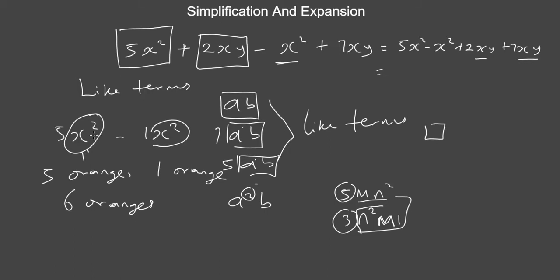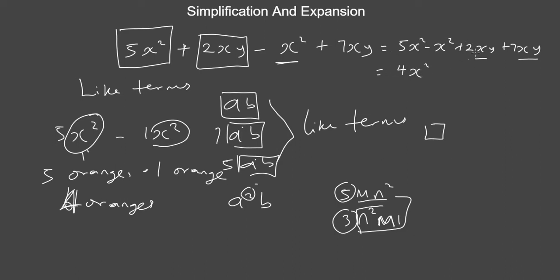Since they have exactly the same variables, you just focus on their coefficients and add or subtract. In this case, it is 5 minus 1, since we are subtracting, which gives you 4, so 4 oranges. So now we have 4x squared.